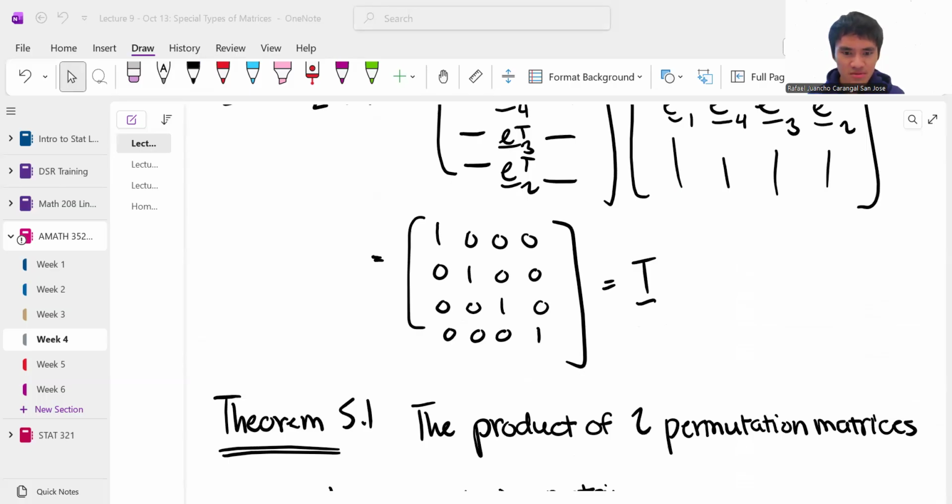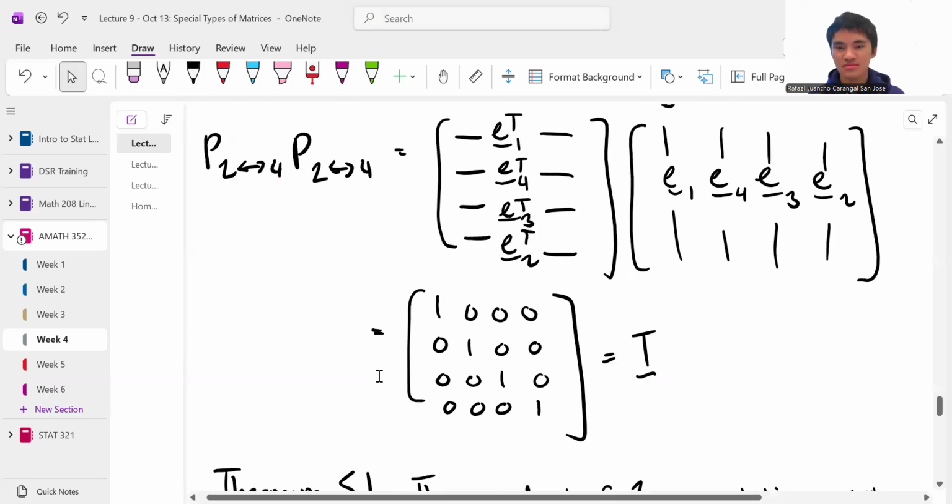Let me go to the lecture notes for 9, where we talk about special matrices. Where was it? Oh, this does give an identity matrix. Wait, can I try?